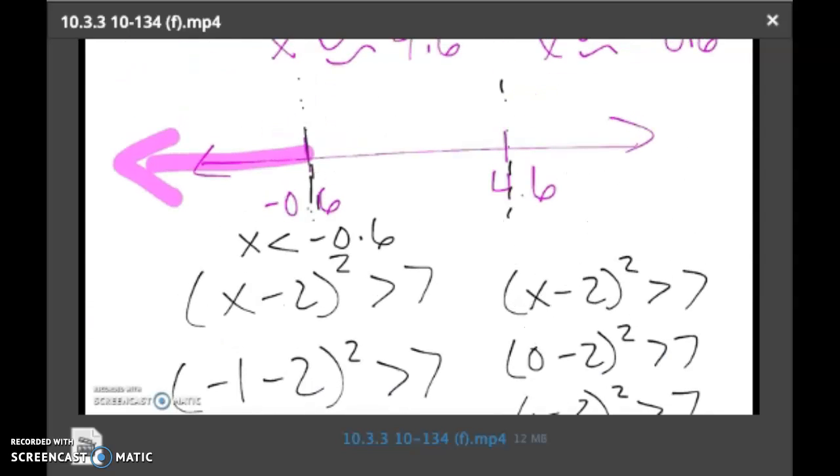So that means that any of those numbers that I substitute in that are to the right of this are going to be true. And remember, we do not have an equals to, so we are going to have open circles. And then the other side of this looks like x is greater than 4.6.